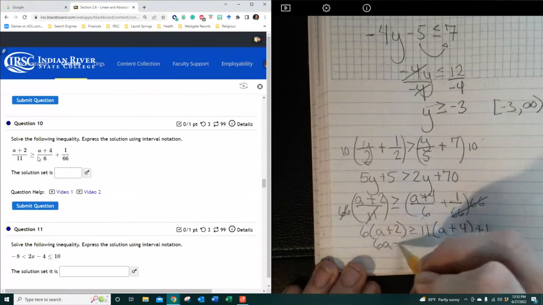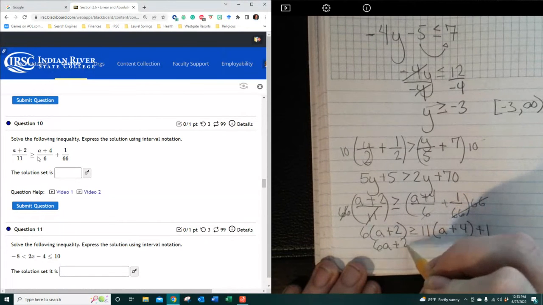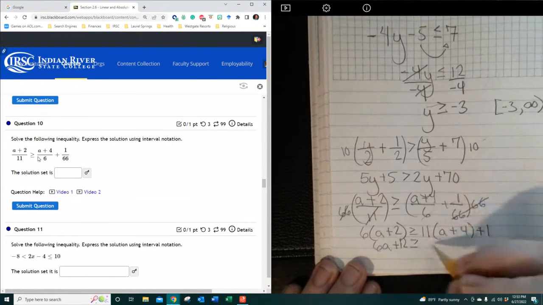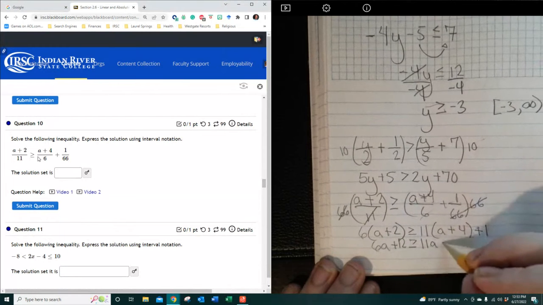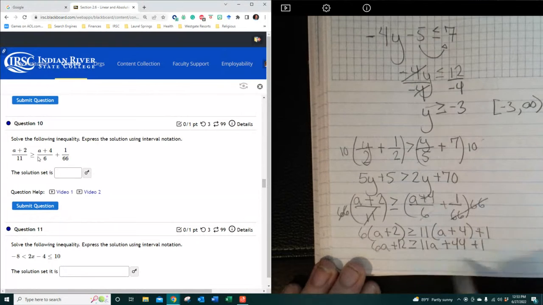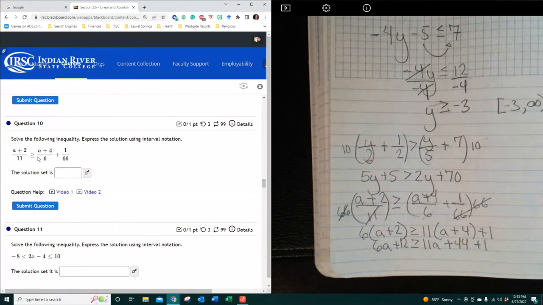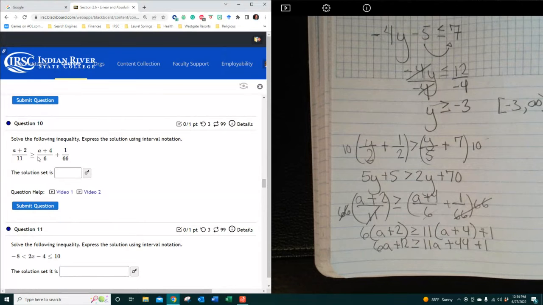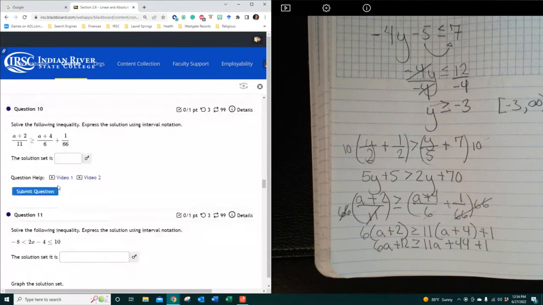You do 6A plus 12, and then you have 11A plus 44 plus 1. And then you combine all like terms and solve for the variable A. Okay. So that's a little different.